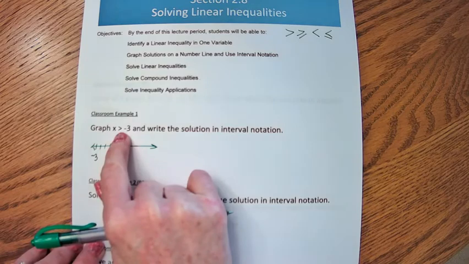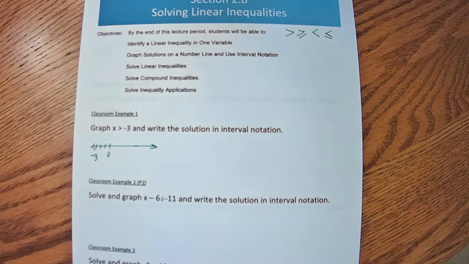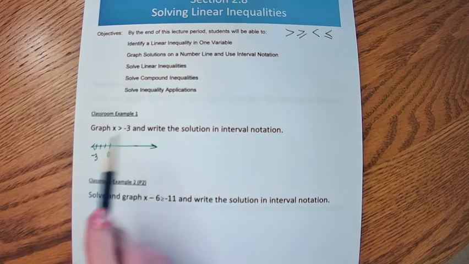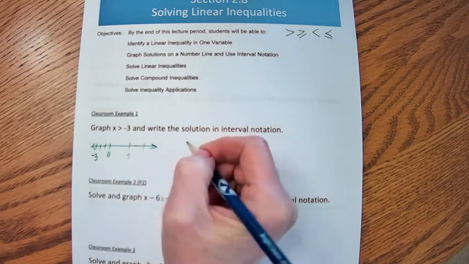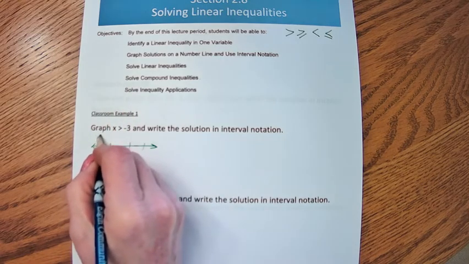Do I have an equal sign here? No. So any number greater than -3, x can be -2, x can be -1, x can be 5, x can be way down here at 100. X can have any value greater than -3.